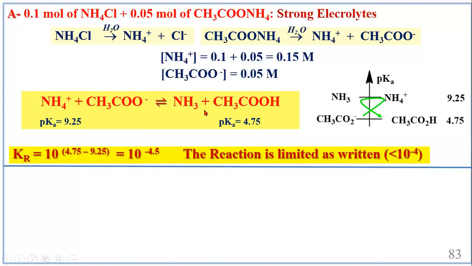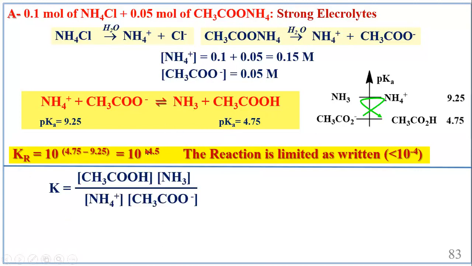As limited as it is, I could still find the very small amount of products, since Q is less than K, because what's Q? I have 0, 0 on the product side. So Q is 0. So the reaction has not reached equilibrium yet. No matter how small this equilibrium constant is, it has not reached it.